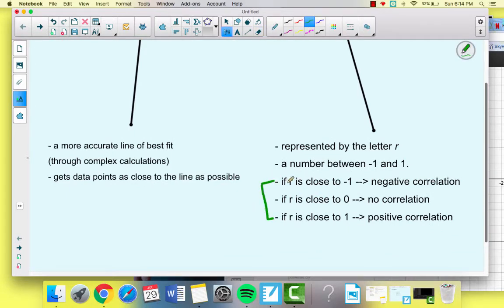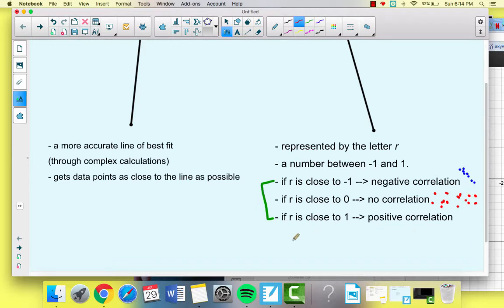The first one is if R is close to -1. If it's -1 exactly, or -0.98 or -0.9, that means there is a negative correlation in your data, so our data would be going downward in this kind of trend. If R is around 0, then there's no correlation. Maybe your data is all over the place, scattered, without a pattern.